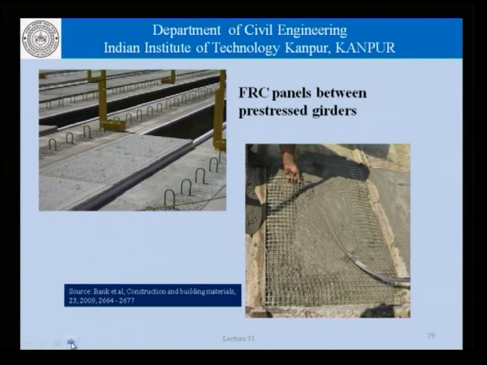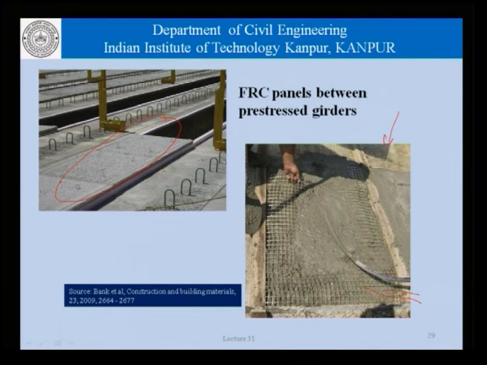Here is another example where fiber reinforced concrete panels are used as permanent formwork. So, here we can see these panels which have been placed between pre-stressed girders during reinforced concrete construction. Now, this picture here shows the fabrication of such a panel, and we can see a wire mesh or a fiber mesh, and normal cement mortar is being placed and the panel is being fabricated.